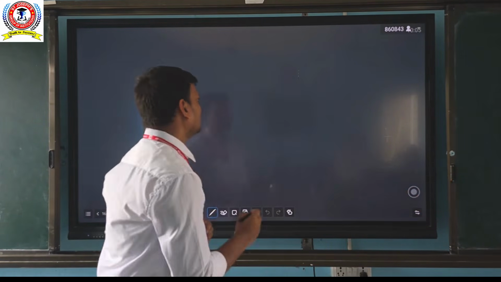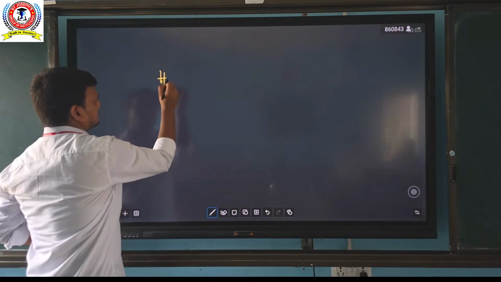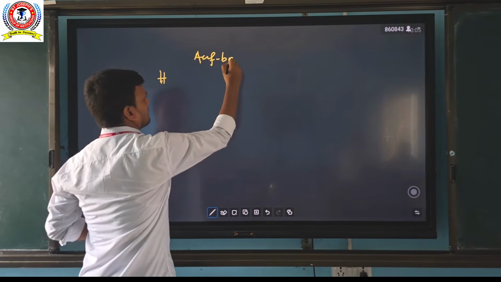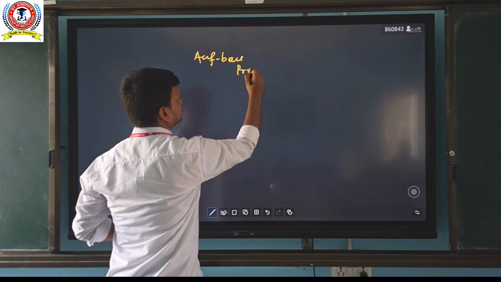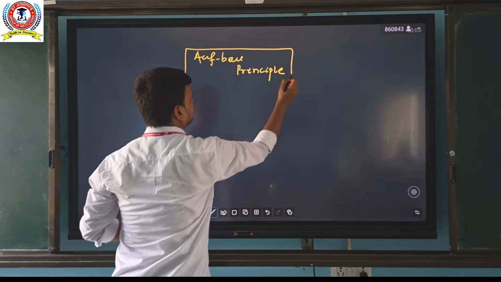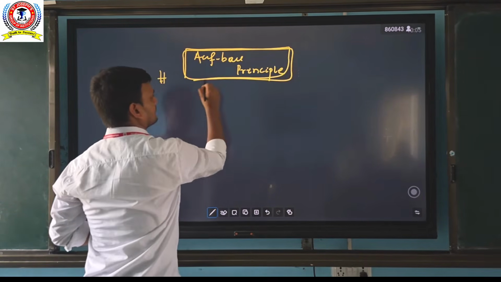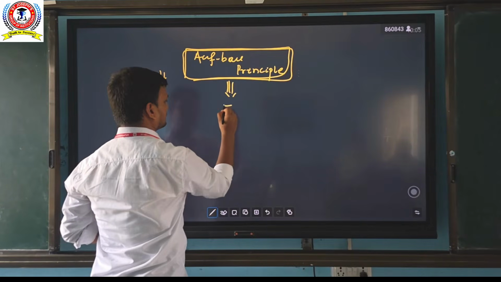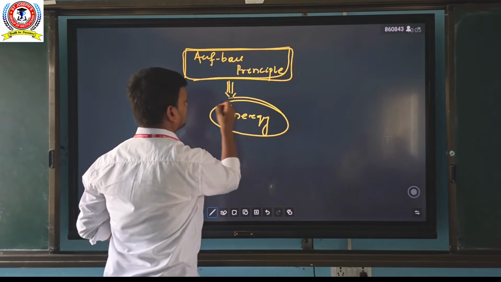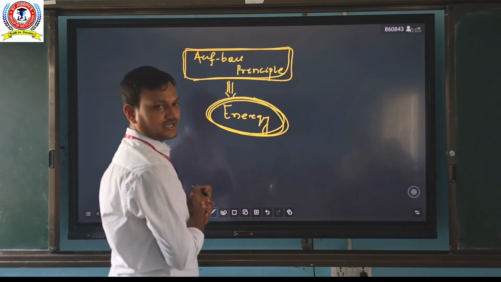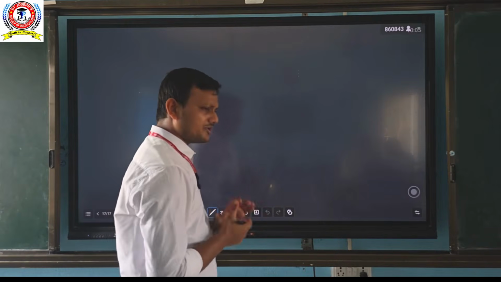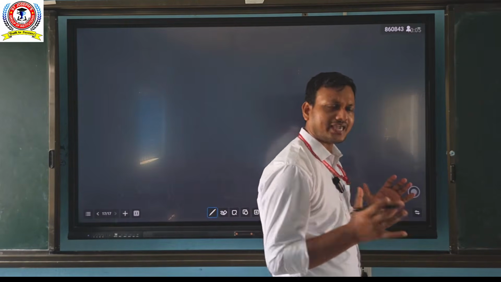That means the above principle is completely based on the concept of energy. That means, students, we know that everybody wants to stay in a stable form.